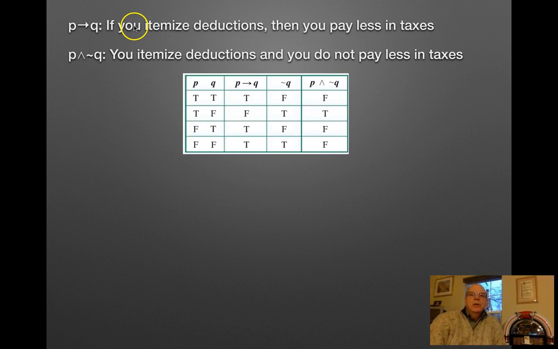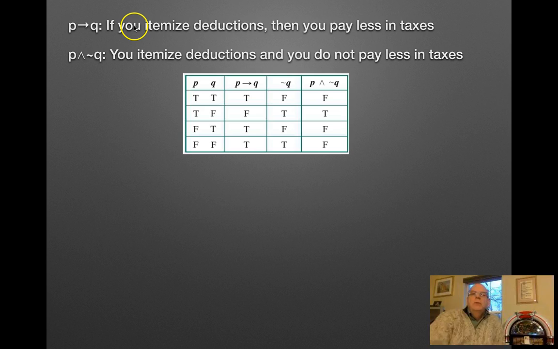Let's look at the truth table of that. P implies Q, from our conditional statement truth table back in section 2, is true, false, true, true. The only time a conditional statement is false is when P is true and Q is false.